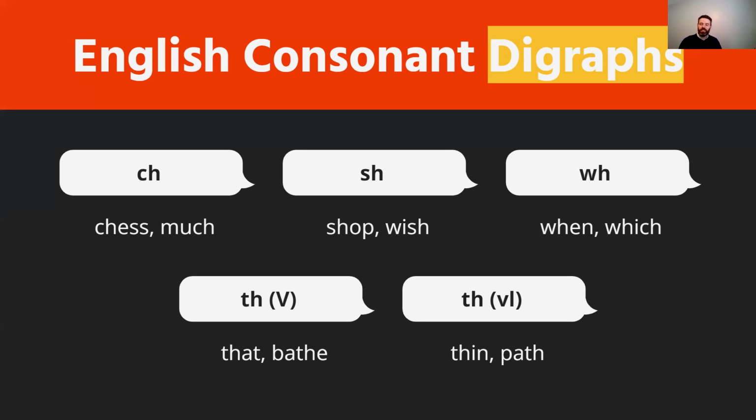And so we teach them that although most American English speakers will place their tongue between their teeth to make this sound, you can get a comparable sound by pushing your tongue against the front of your teeth. So the th or th sound. And so we see it in words like that and bathe, that's the voiced version, or in thin and path, and those are the voiceless versions.